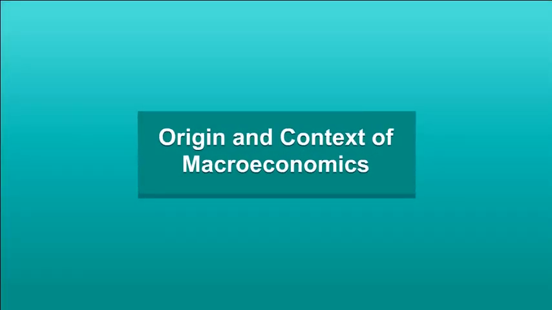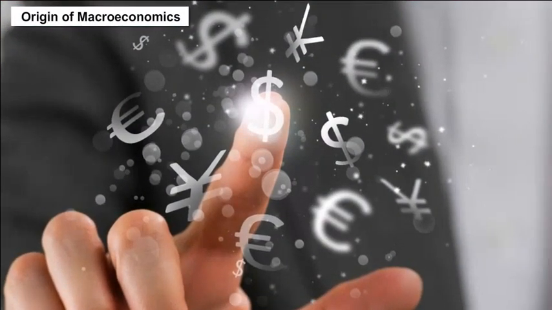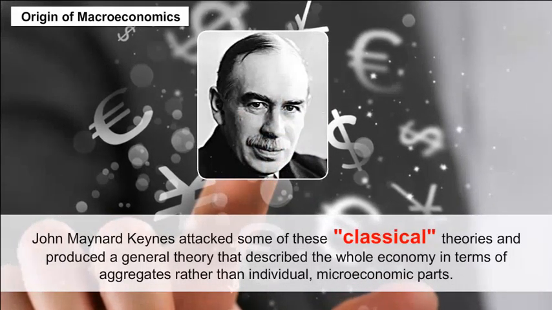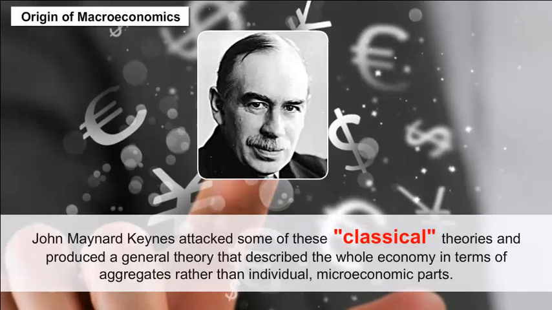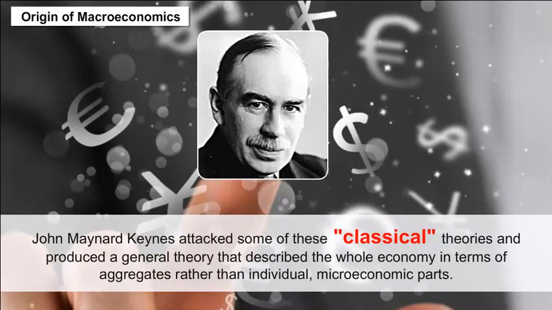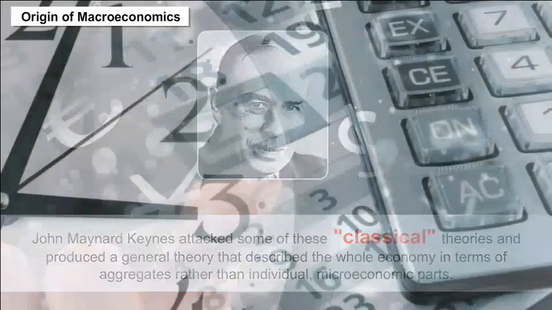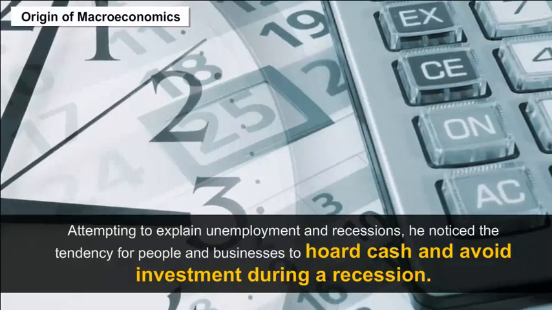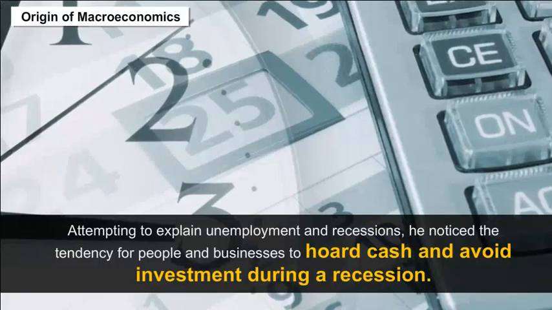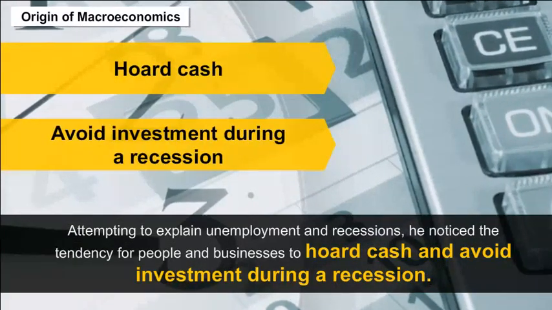Origin and context of macroeconomics. Origin of macroeconomics. John Maynard Keynes attacked some of these classical theories and produced a general theory that described the whole economy in terms of aggregates rather than individual microeconomic parts. Attempting to explain unemployment and recessions, he noticed the tendency for people and businesses to hoard cash and avoid investment during a recession.